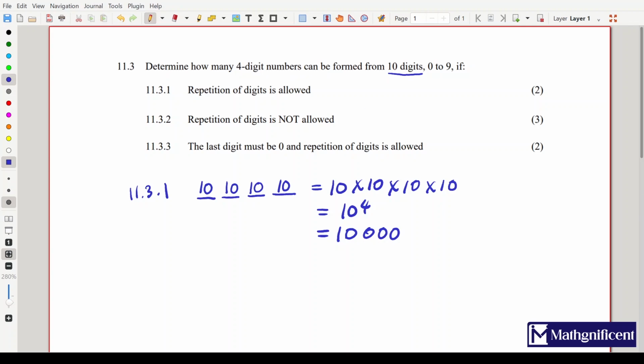So we can make up 10,000 four-digit numbers if we choose from 10 digits, right? So this is what we have for 11.3.1.